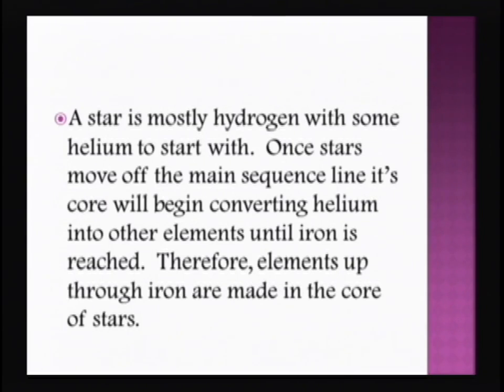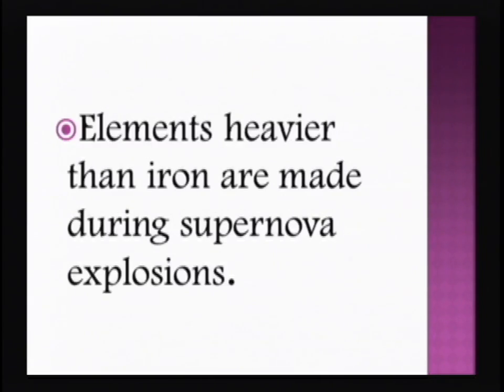But now, if we know that elements up through iron are made in the core, then we've got to explain where all those other elements come from. If you look at our periodic table, guys, we have lots of elements out there. As I have stated before, all those elements are made within the explosion of stars.